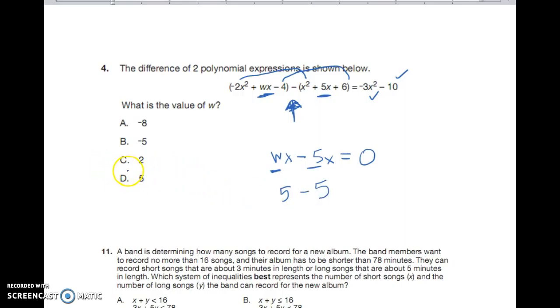So W must be equal to 5. When you do this kind of problem, first look at like terms, and then hopefully that'll tell you which direction to go in. If you're adding things to a 0, add the opposite. So those are just some hints to look out for. Not too hard, but we have to remember how to combine like terms.